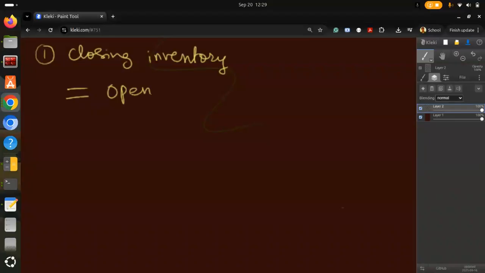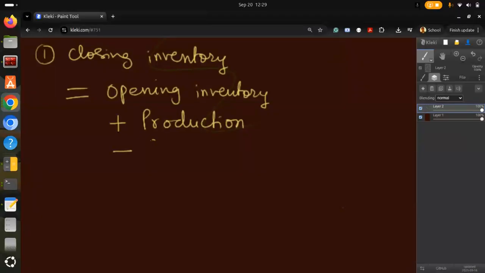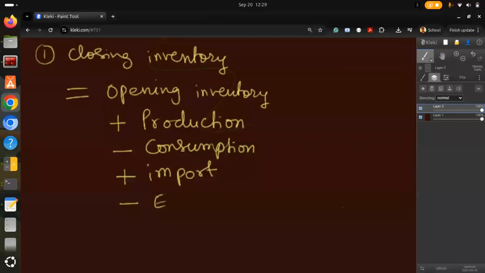Opening inventory: I already had some inventory storage of that material. To that, I will add the production. From that, I will subtract the consumption. And to that, I will add the import, because whenever you import, your inventory will increase, and whenever you export, your inventory will decrease. So this is the formula, and this whole thing will be equal to closing inventory.